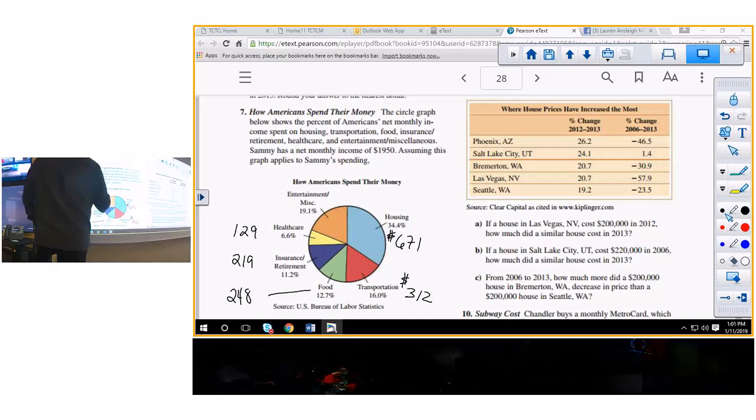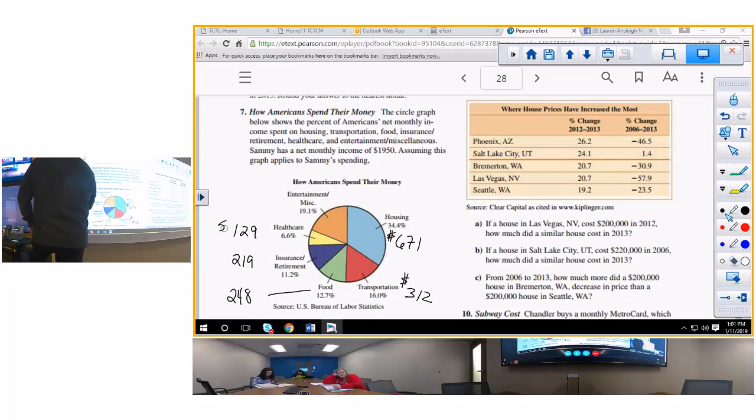And 0.191 times 1950. $372. 372. Now add all those up.